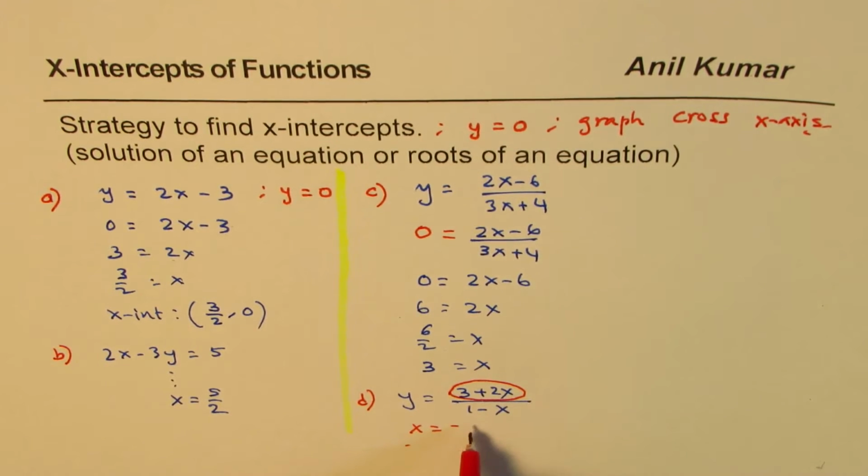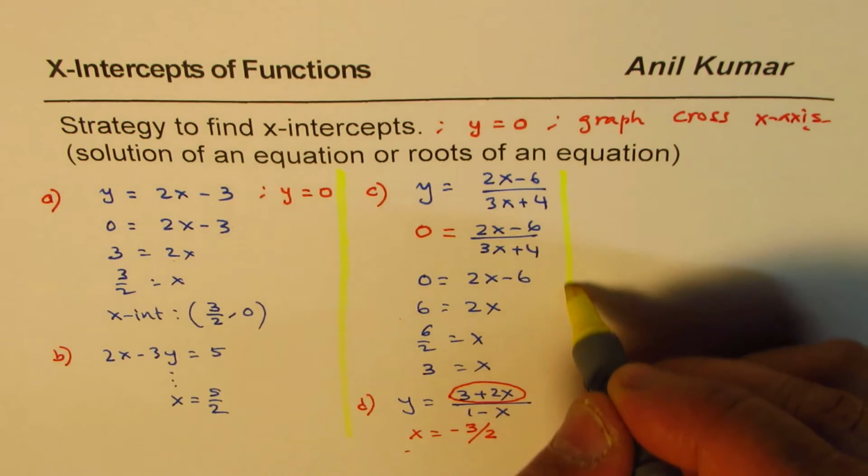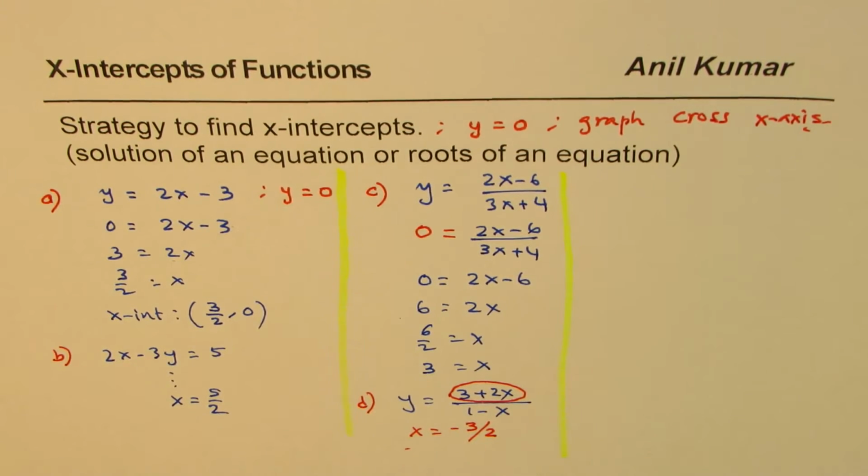At minus 3 over 2. If I divide 2 by 2, I get 1, multiply by 3, minus 3. Or solve for the numerator equal to 0. Anyway, you know the answer, so you could easily check your solution.